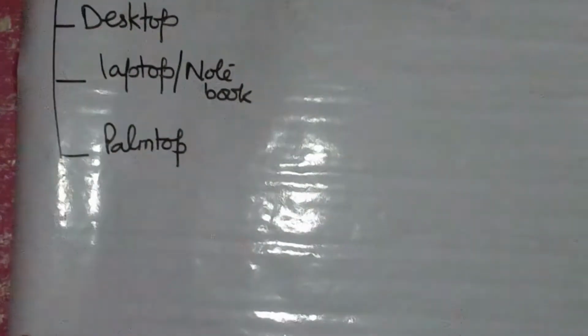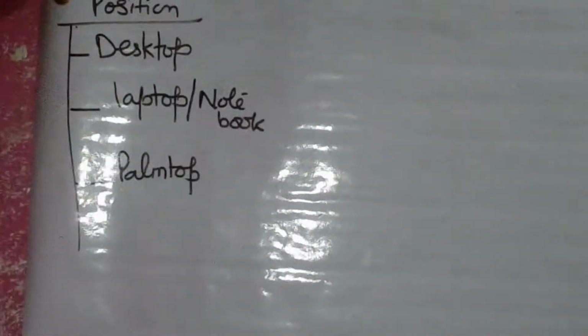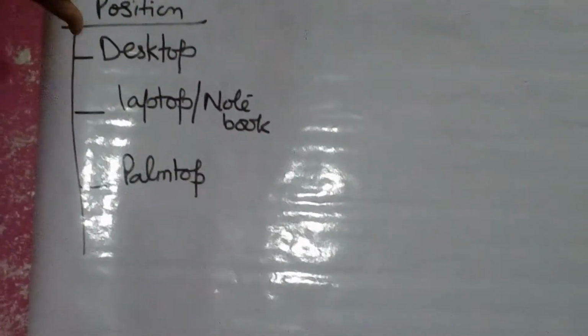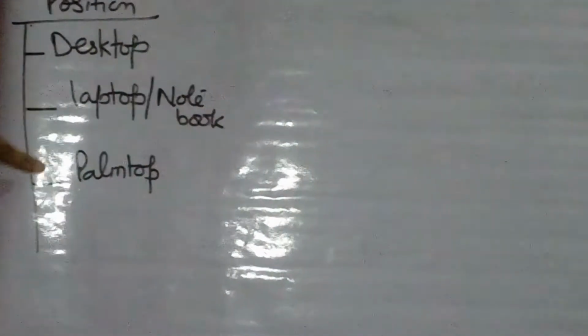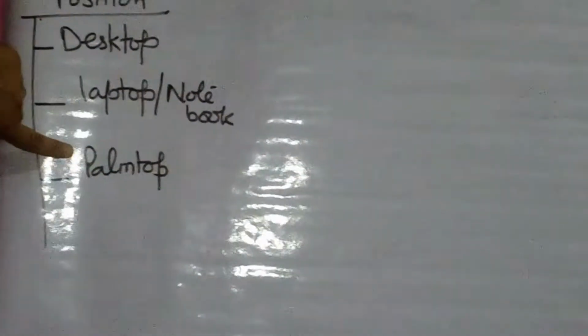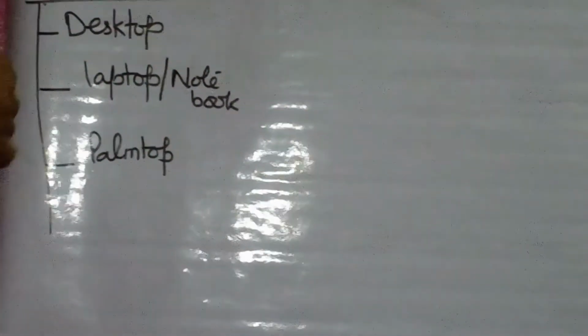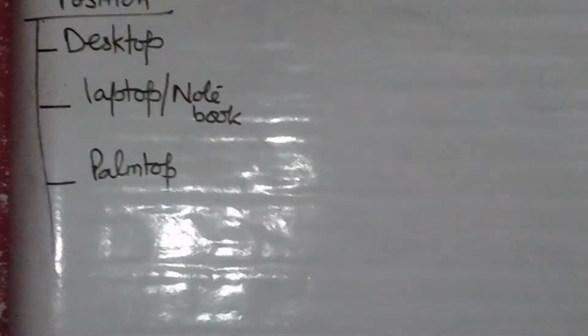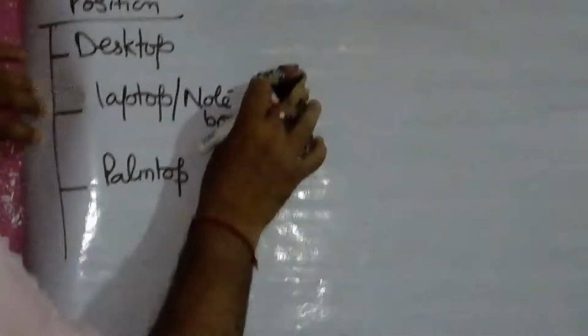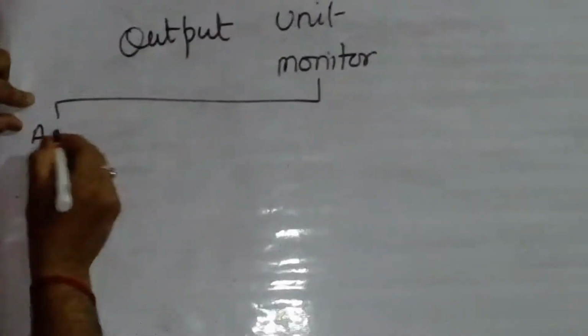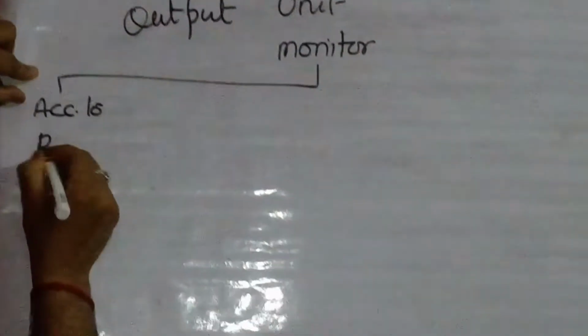But in general, available monitors are desktop or laptop. Your tablet is a palm top monitor. Tablets are used nowadays, which are of the category palm top monitor. First is according to position. Second type is according to resolution.